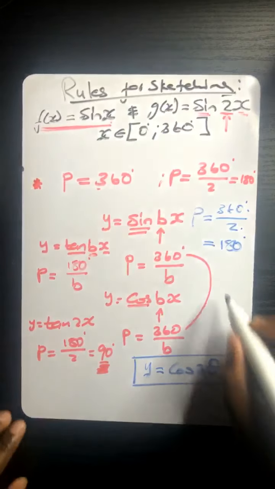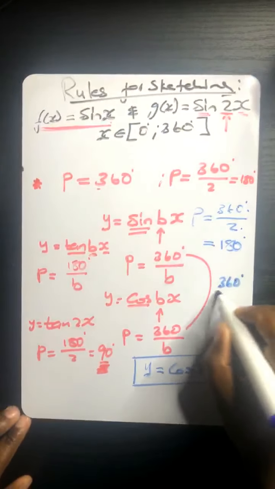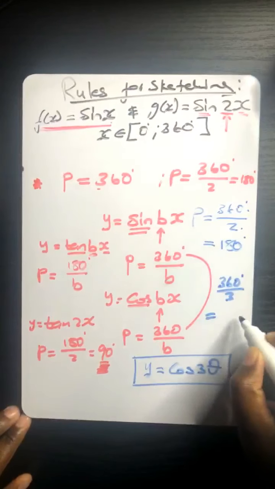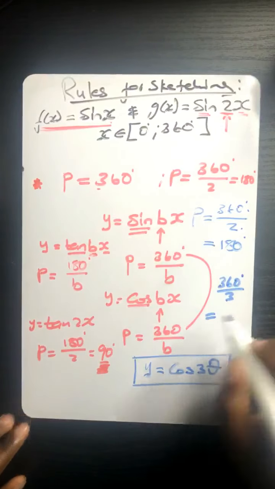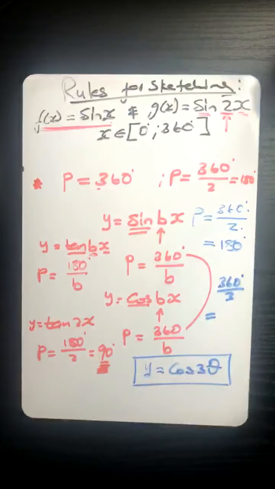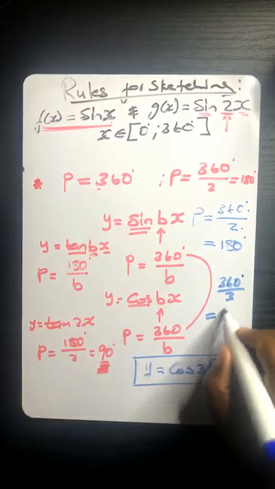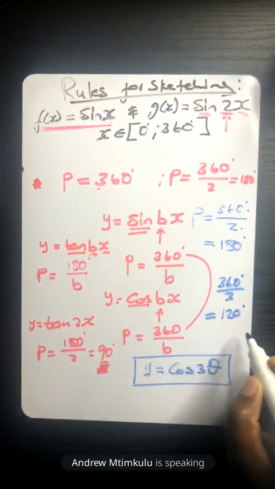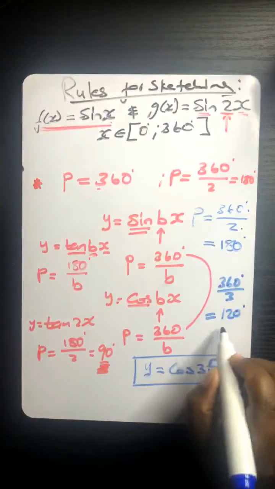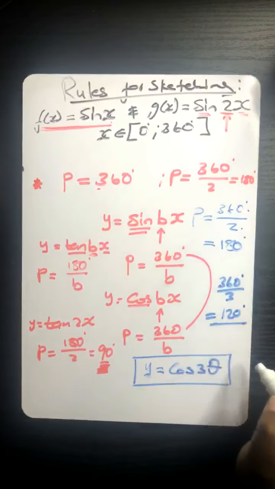Yes, 360 divided by 3. What is that? Is it 60 or 45? Let's see. 360 divided by 3 is 120. 120 degrees. So that means this is now the new period for this one.